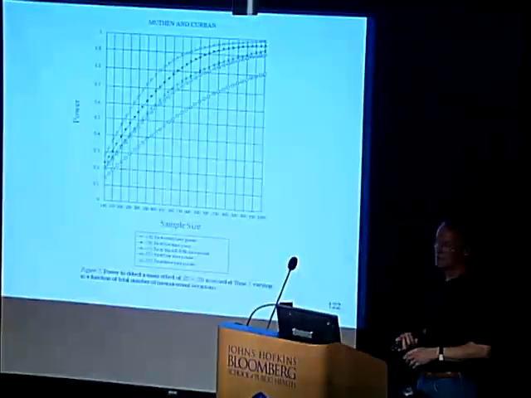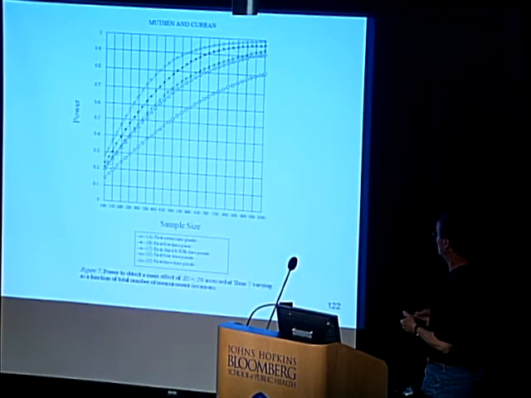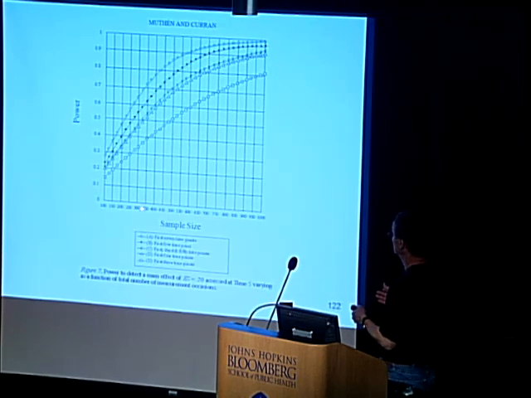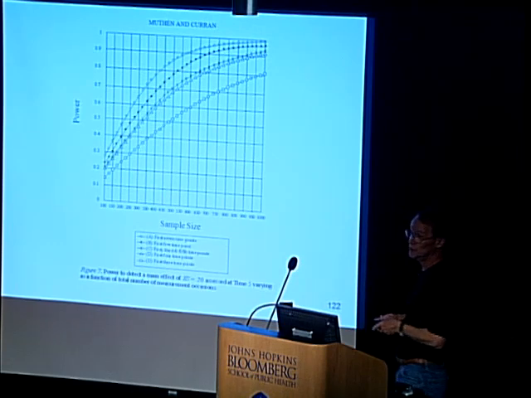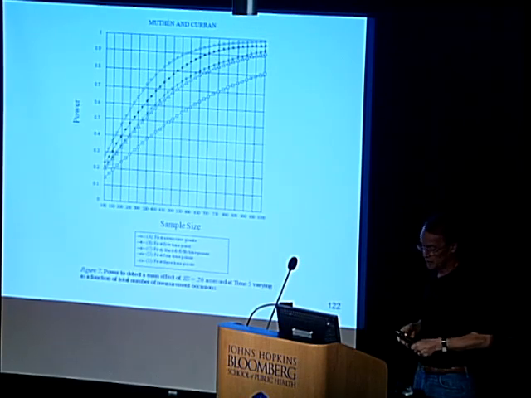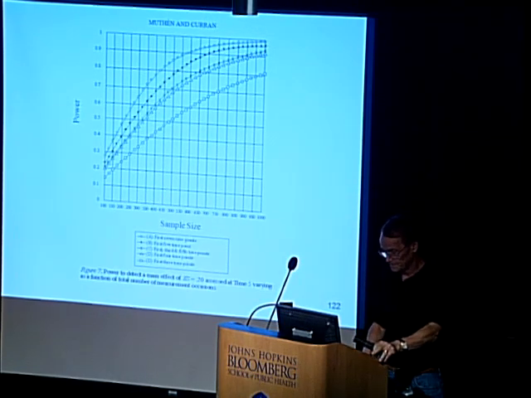And you can see in the next plot how power for a given sample size, I should point out, varies as a function of how many time points you use in your study. So this could be used to argue for getting funded for a certain number of time points.